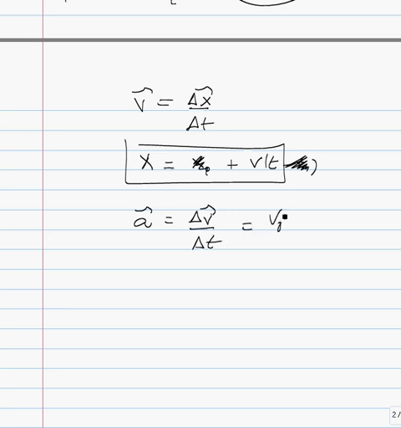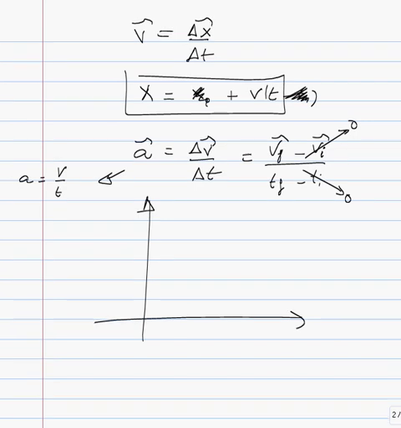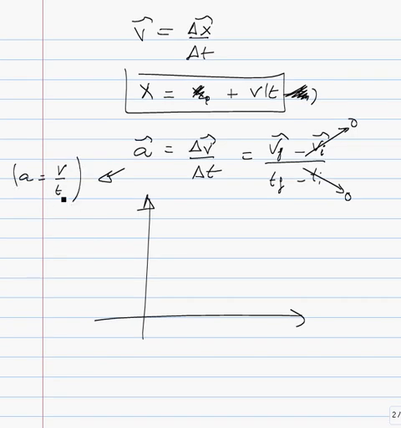Let's consider v initial and t initial to be the center of our coordinate system. So initially we start at rest, therefore this is 0, and we start the counter at t equal to 0. Therefore we have a equal to v final over delta t, which can be written as a equal to v over t. I'm going to drop the vector notation and consider a scalar case. I'm going to multiply both sides by t, and I end up with v equal to at. So I'm doing the exact same thing as what I've done with velocity.